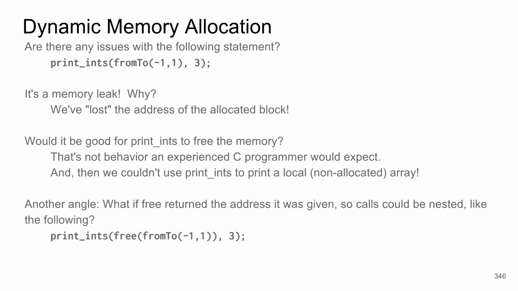Right. So we're using it after it's been freed, right? So that's bad. The point of this slide is to get you to think about these different issues that can come up when you're using dynamic memory allocation. Make sense to everybody? Cool.